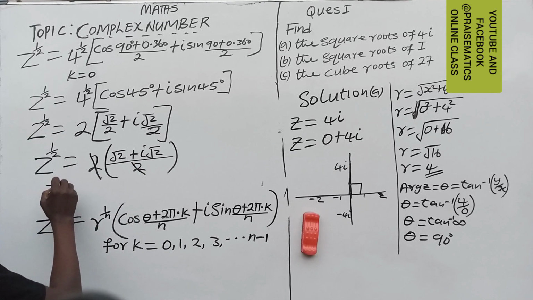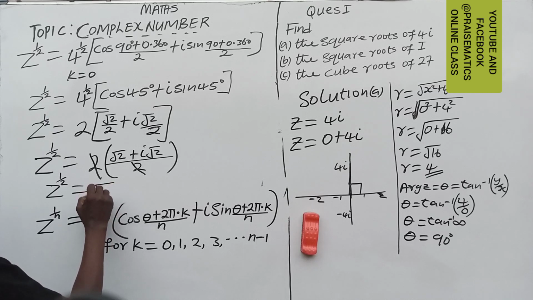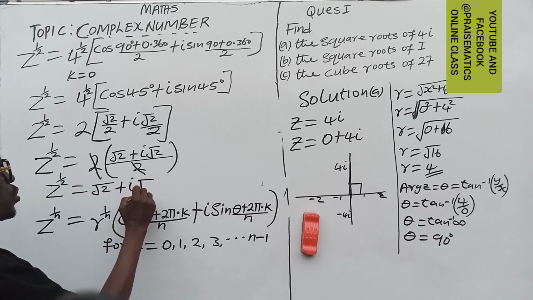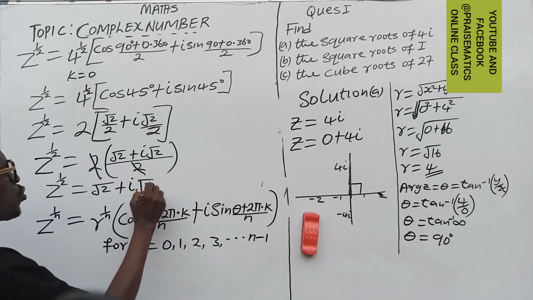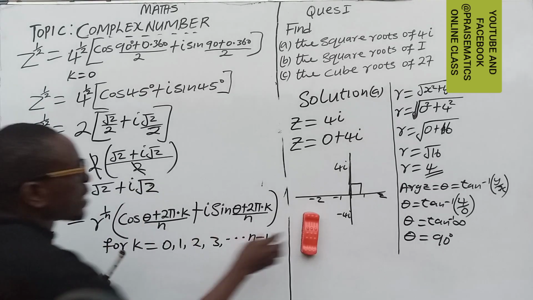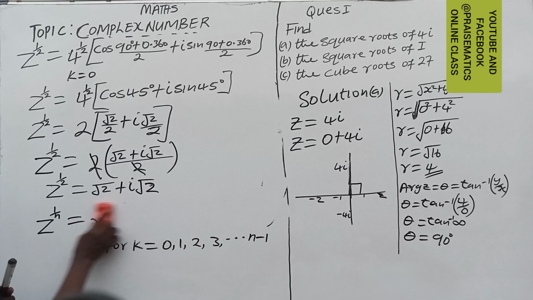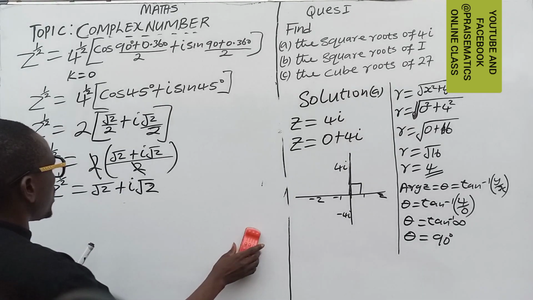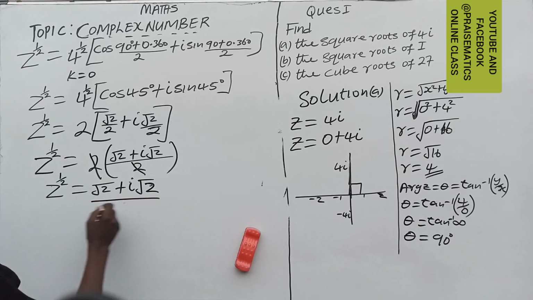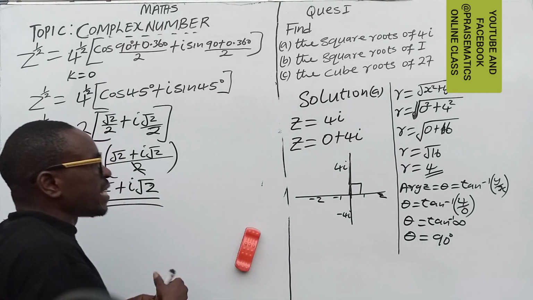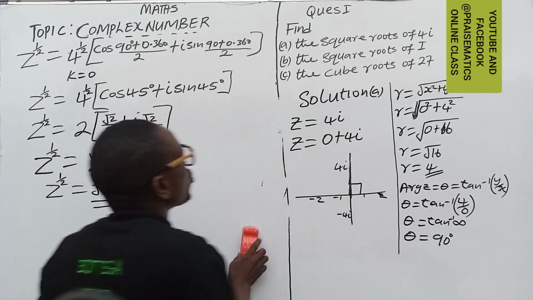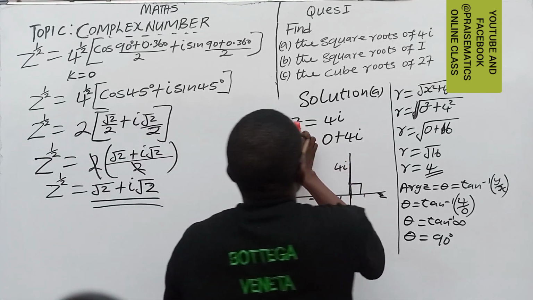Finally, we have that z to the power 1 over 2 is equal to root 2 plus i root 2. And that is the answer when k is equal to 0. Now we have succeeded in solving when k is equal to 0.